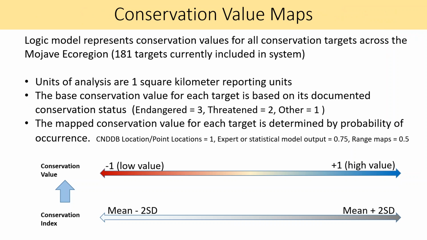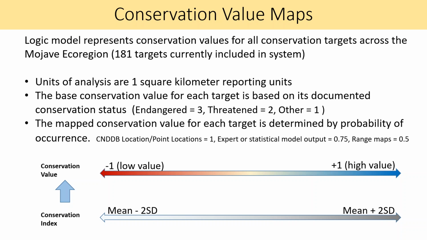So what we're doing is, in addition to showing the number of things that are there and being able to explore that, we're providing a conservation value for each target, knowing full well that some things have a greater conservation value than others.